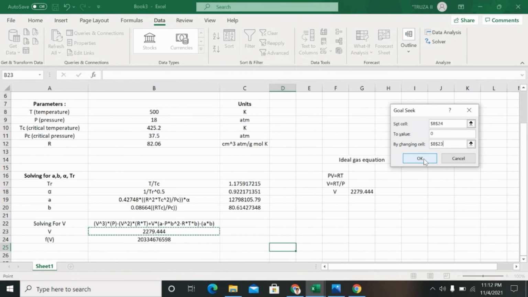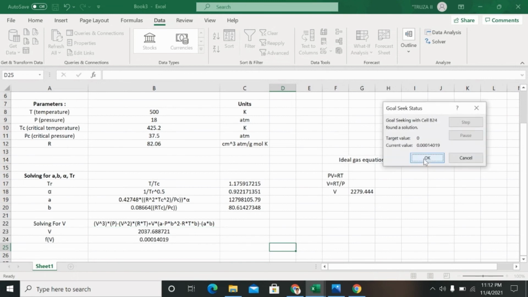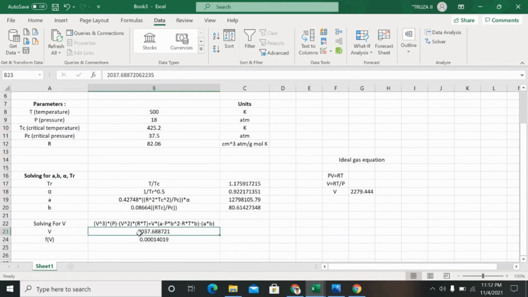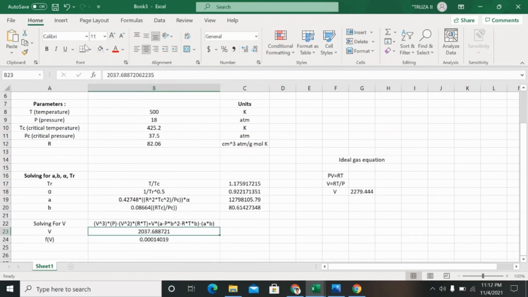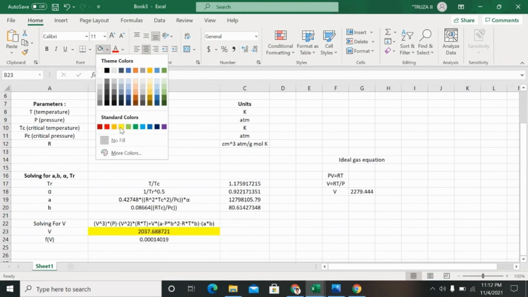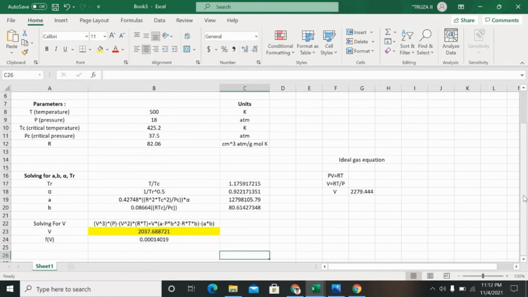So if we click OK, the answer is 2037.6888721. That is our final answer, the specific volume of butane using the Redlich-Kwong equation.